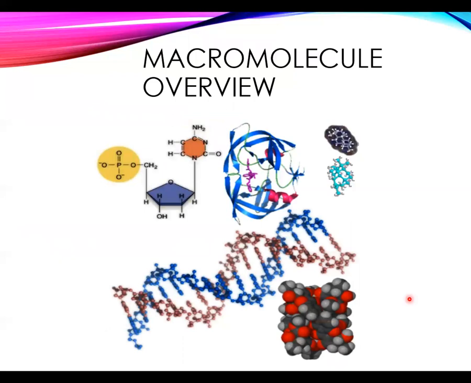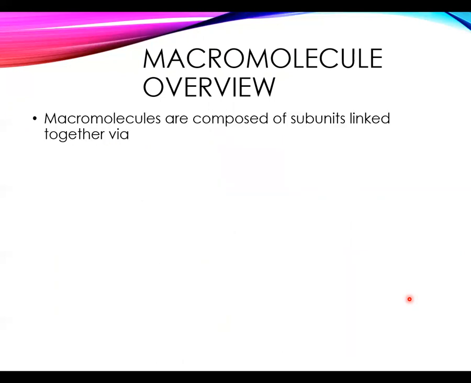All right, let's finish up today with a brief macromolecule overview. So macromolecules are composed of subunits linked together via what kind of reaction? That's right, a condensation reaction. This is also known as a dehydration reaction because water, in most cases, is one of the products.